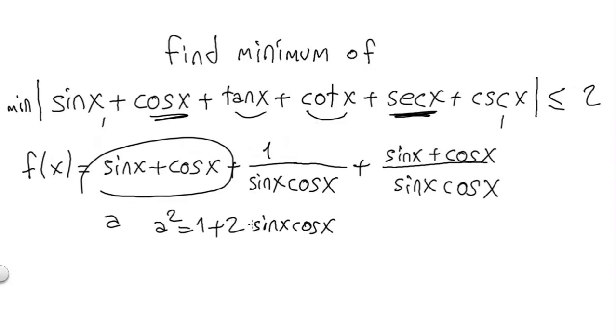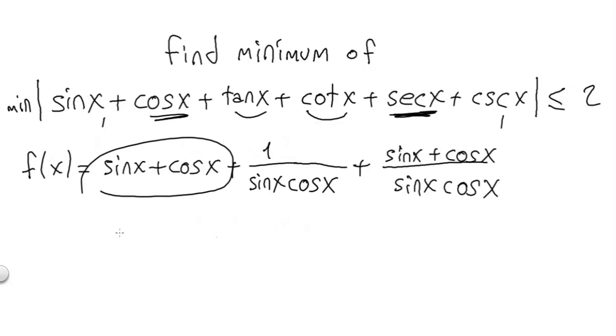This is actually fine. You can try to call this a, take the derivative and try to find critical points. Well, it will be a high degree polynomial, like 4th degree, and it won't be so easy to find roots. So you can try to work with that, but we can do better than that.